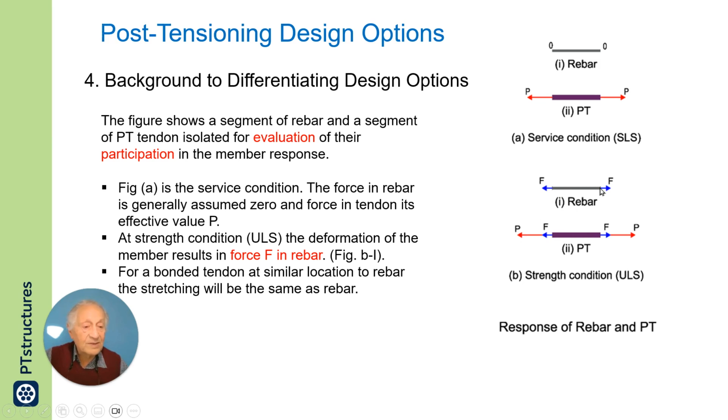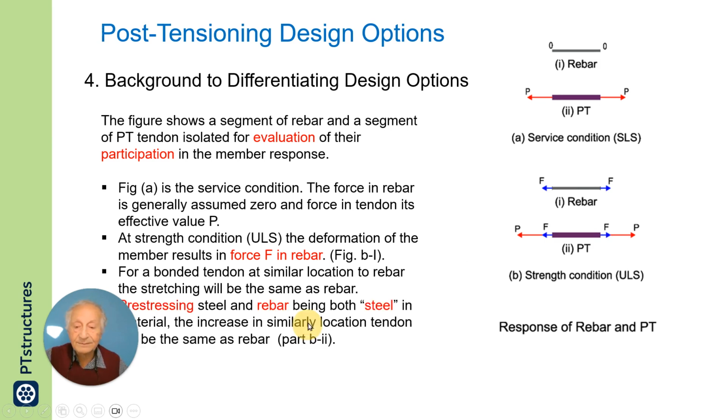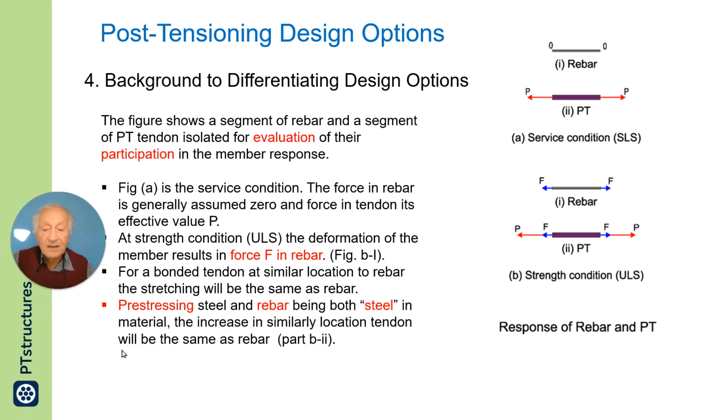If one results in stress F, the other one must also have its initial force P changed by F. Prestressing steel and rebar both being steel in material, the increase in a similarly located tendon will be the same as F.